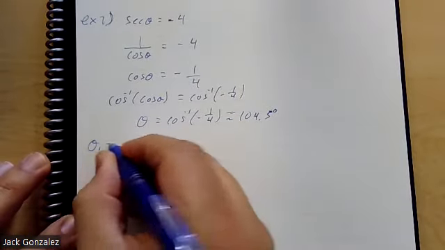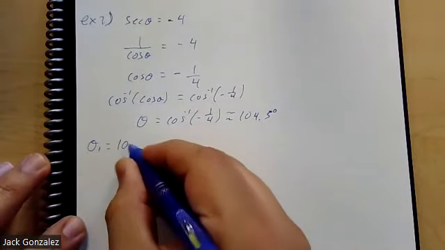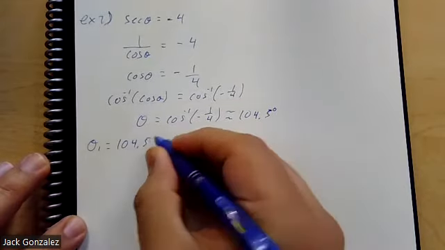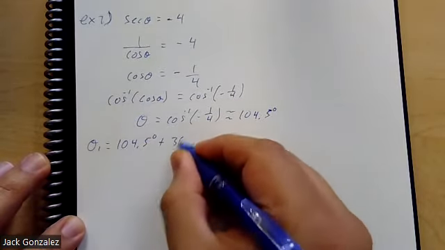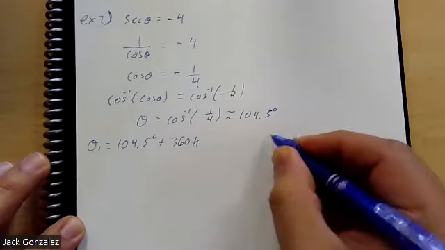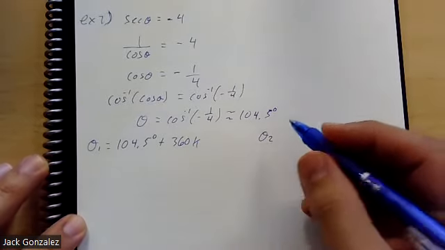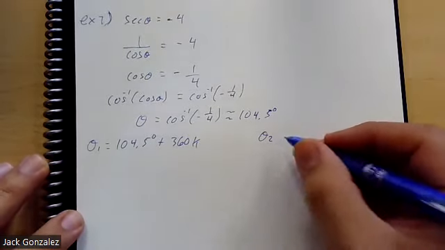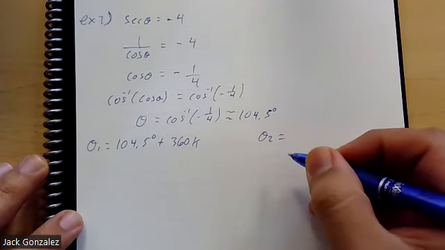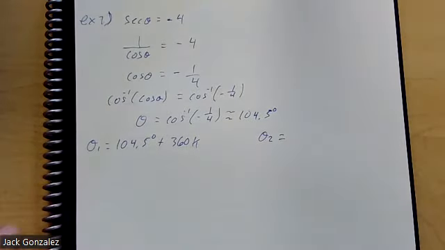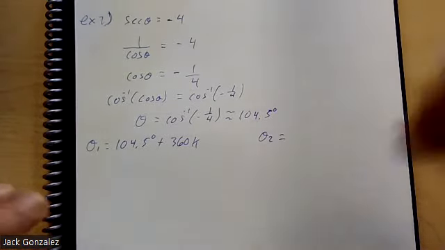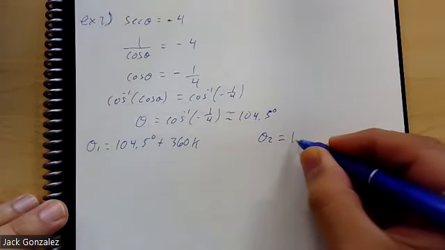So theta 1 is 104.5 plus 360K. What quadrant is 104? Where do we land in? So if we're in 2, the rule said subtract from 180, right?